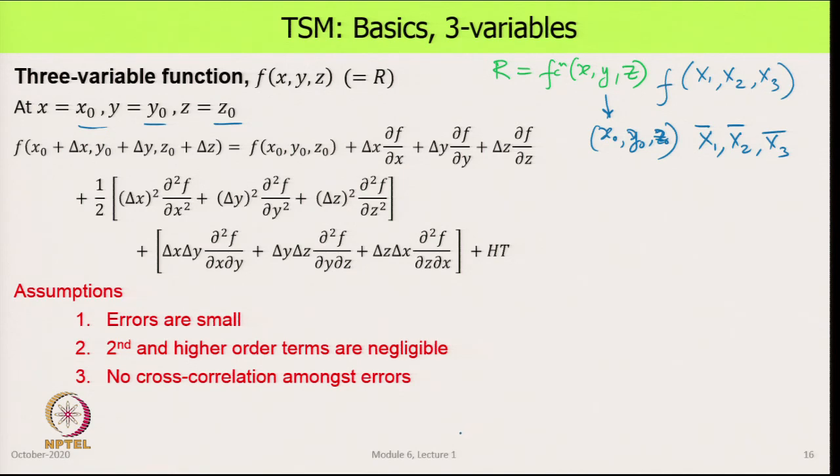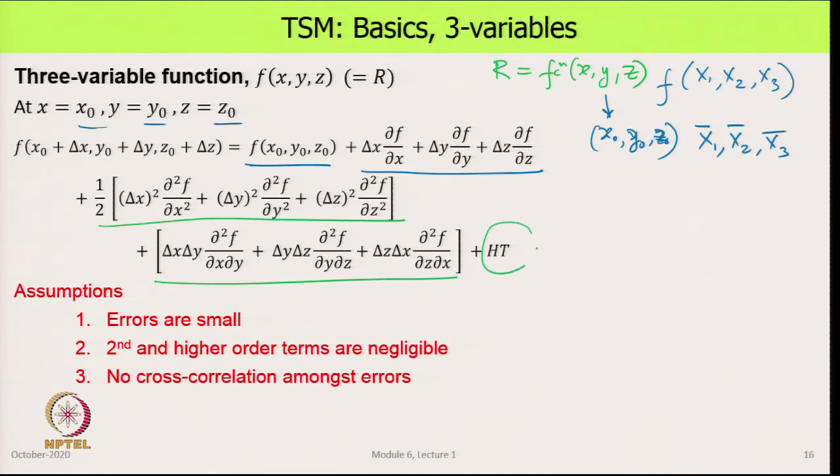And now we do Taylor series expansion for a 3 variable expression, and this is the value of the function at x0, y0, z0, then the first order terms, and then 2 types of second order terms. This is one, this is the second one, and then the higher order terms.